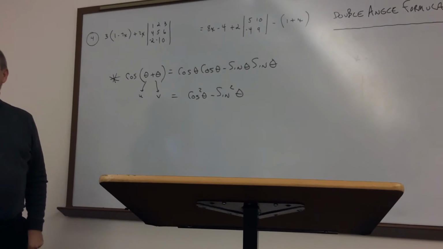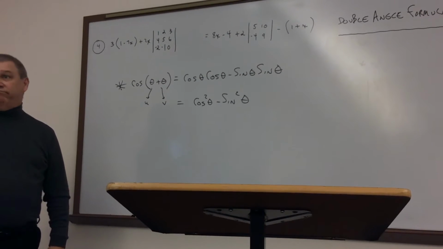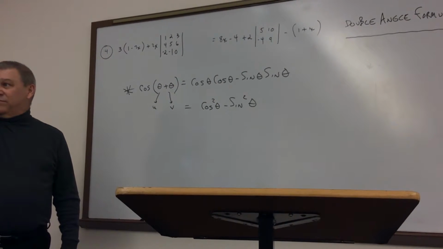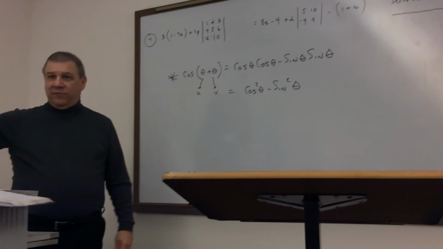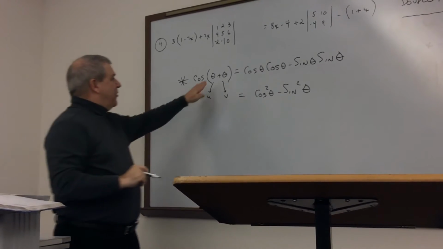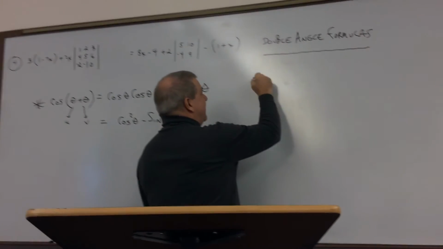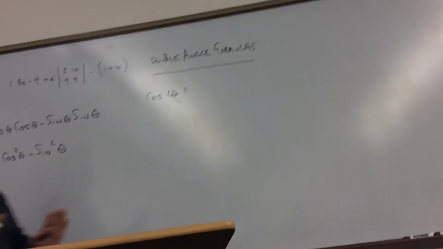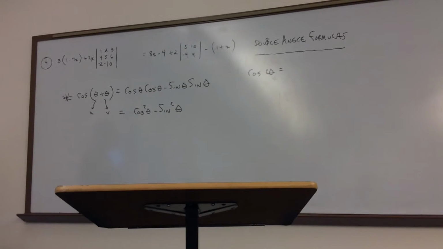What's theta plus theta? That's an easy question. 2 theta, right? So the cosine of theta plus theta, I could say, is the cosine of 2 theta. Pay attention. Cosine of 2 theta.